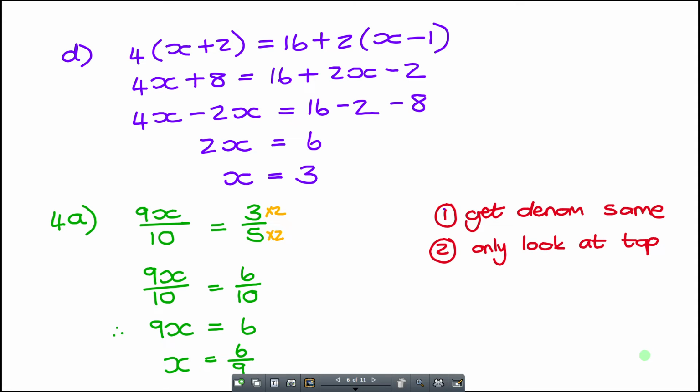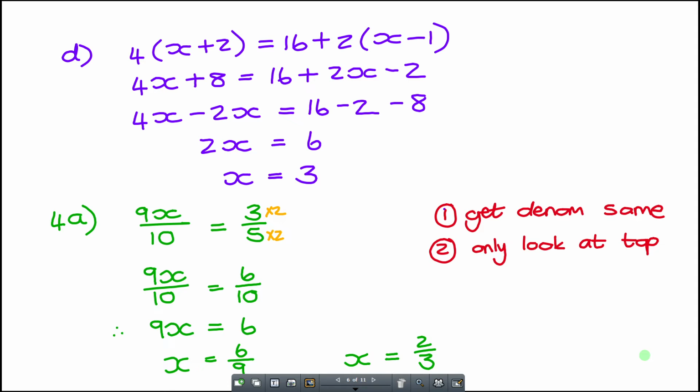But that's the same as 2 over 3. 6 over 9 is the same as 2 over 3. Let me rather write it like this then. So 6 divided by 9, and then you'll say x is equal to, if you put into your calculator 6 over 9, it's automatically going to give you 2 over 3, because that's the simplest form.